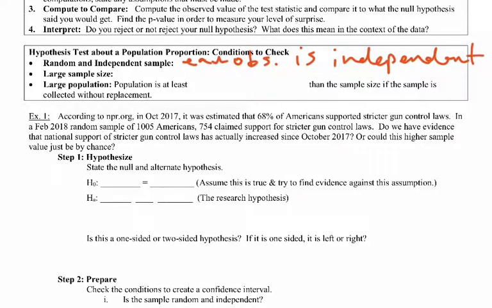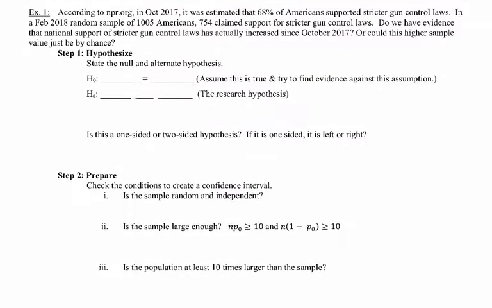The sample size has to be large enough for 10 successes and 10 failures. When we're looking at numbers, we would do n times p naught has to be greater than or equal to 10, and likewise the number of failures would be n times 1 minus p naught. That also has to be at least 10, and then the population has to be at least 10 times the sample size. So let's take a look at an example.